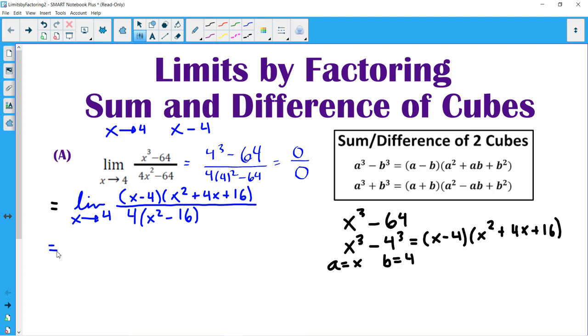And then I'll go ahead, do the limit as x goes to 4. And I'll rewrite this, so x minus 4, and then x squared plus 4x plus 16, all divided by, and then I'm going to take that 4 out, that's still there, and I'm going to use my difference of squares.